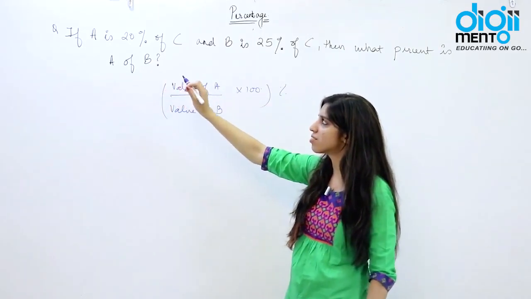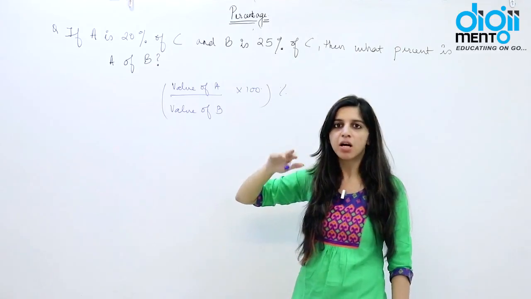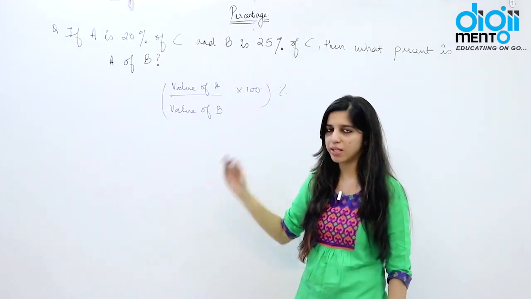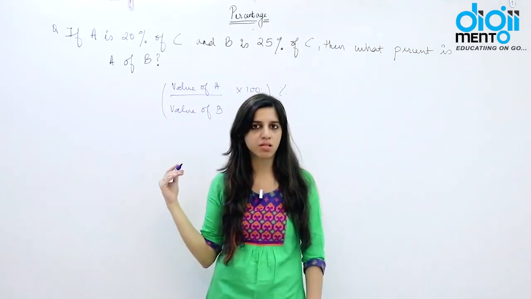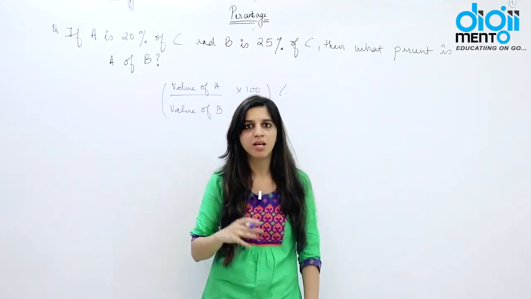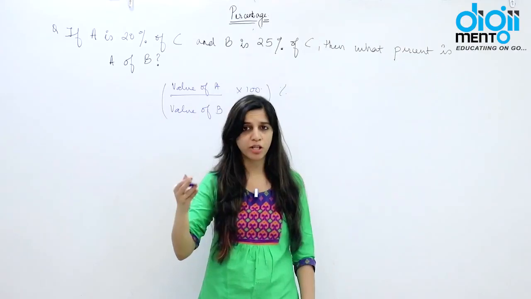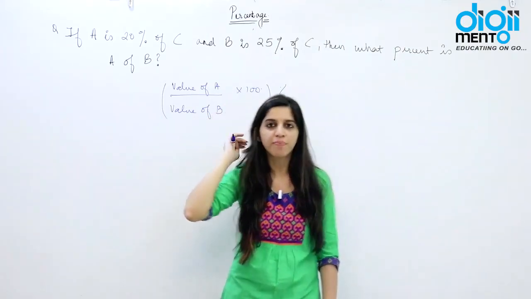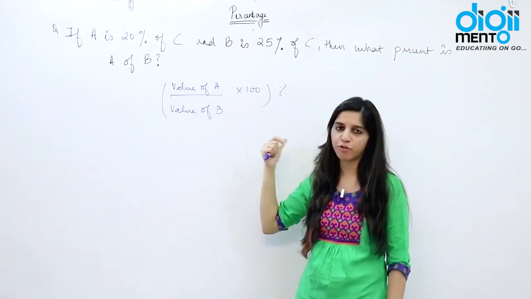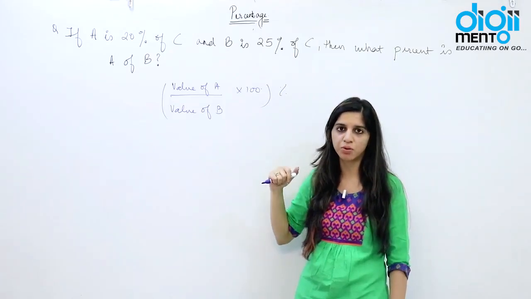See, just make it a habit. As soon as you read the question, as soon as you start going through the lines of the question, start making mathematical equations corresponding to the English language lines. That saves a lot of time, especially in aptitude questions.